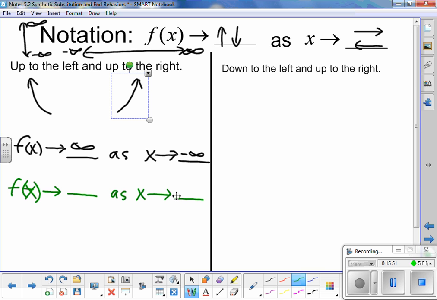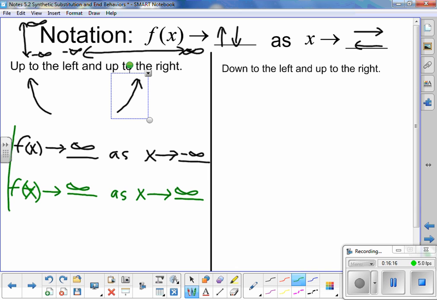So the right-hand side means, if you remember the number line, the right side for x's is positive infinity. So as x goes to positive infinity, where's my graph going? As my x's are going to the right, my graph is going up. So to say my graph is going up, I would say f of x is going to, and remember this is my y-axis, positive infinity also.